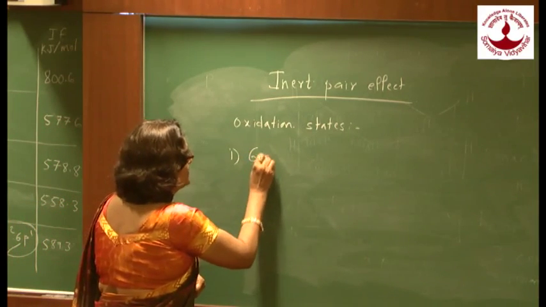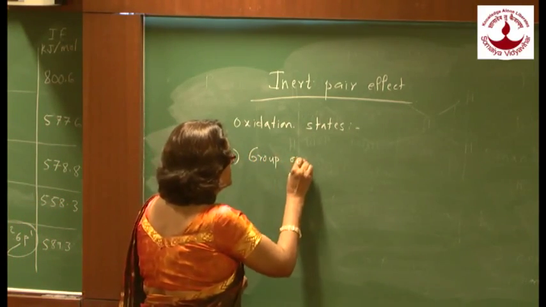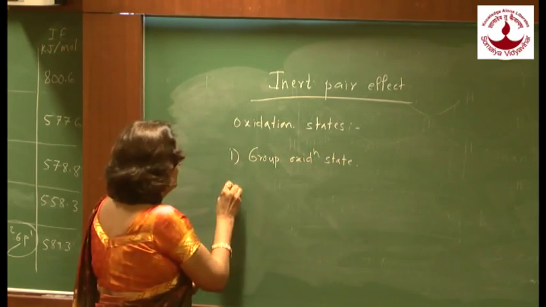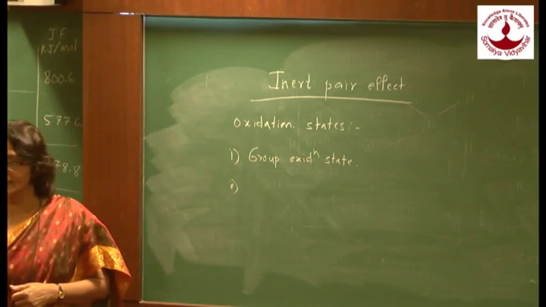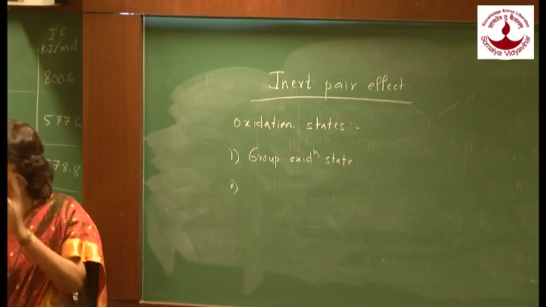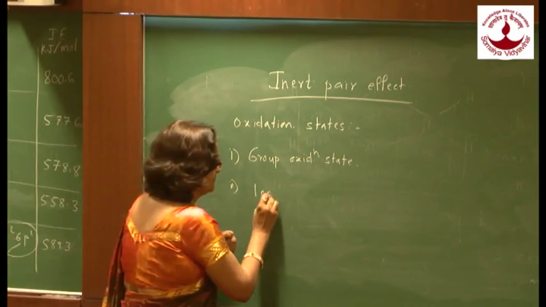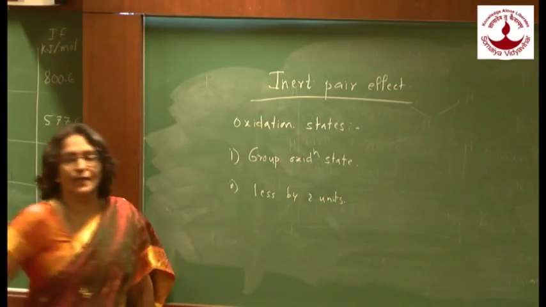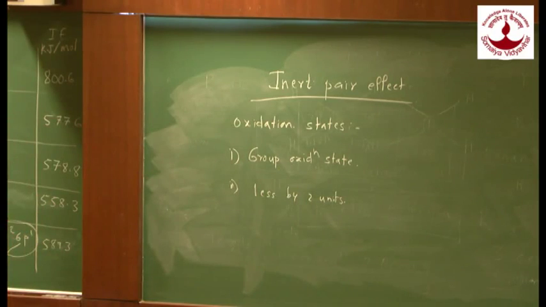One is called the group oxidation state, and another oxidation state which is less by 2 units as compared to the group oxidation state.